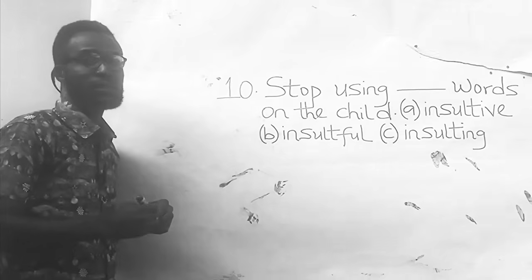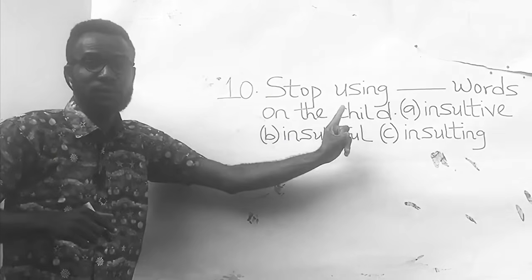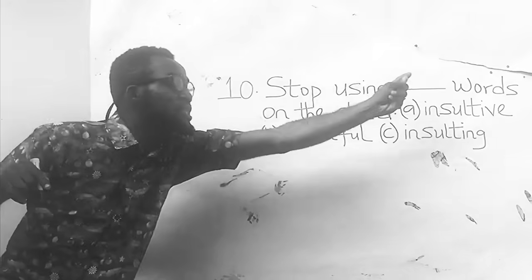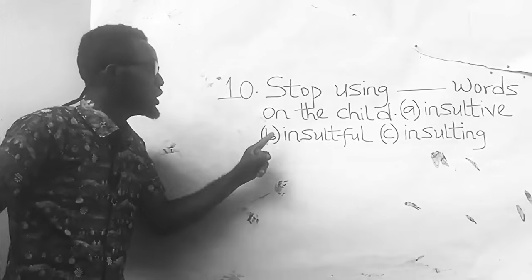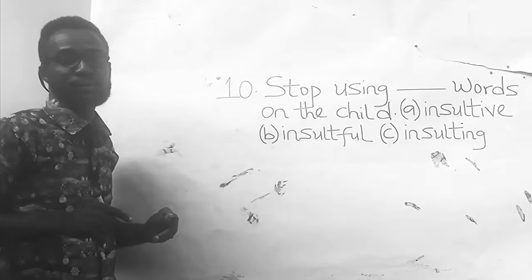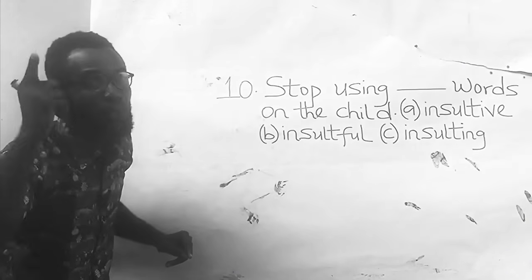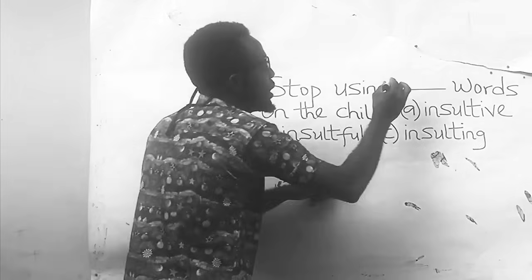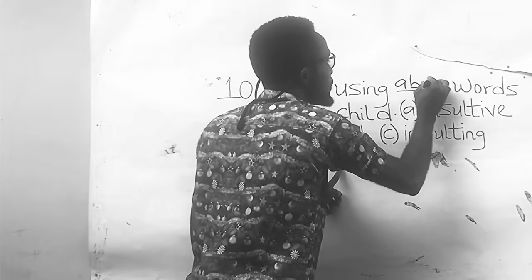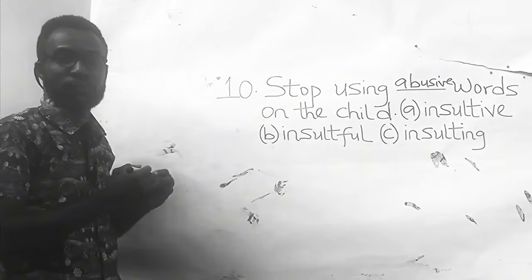Question number 10. It reads, "Stop using dash words on the child." Option A, insultive. Option B, insultful. And option C, insulting. If you look at this question, you will find out that it implies "stop using abusive words on the child."